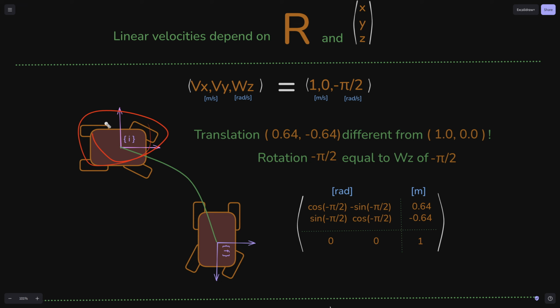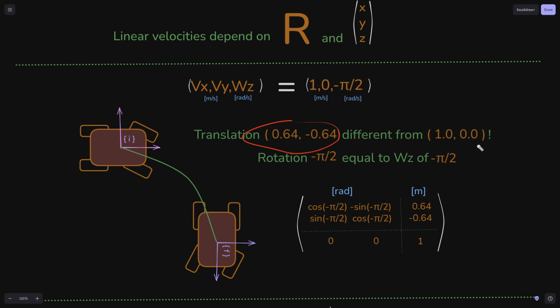We start here at t equals 0, and then after 1 second, we should be here. Let's analyze this linear velocity. We move towards this axis and we rotate in this direction. So we move forward here and we rotate, we will end up here. So the translation is 0.64 this way, and minus 0.64 this way.